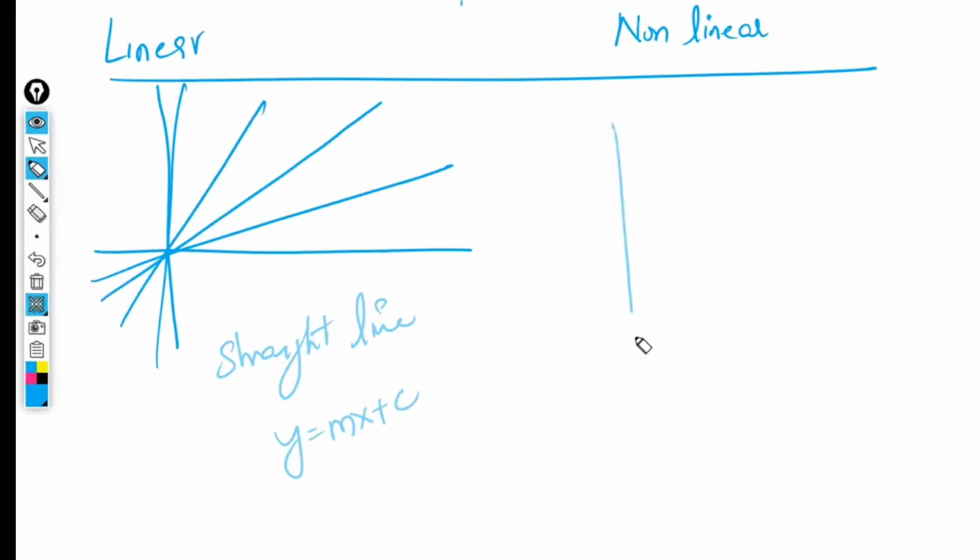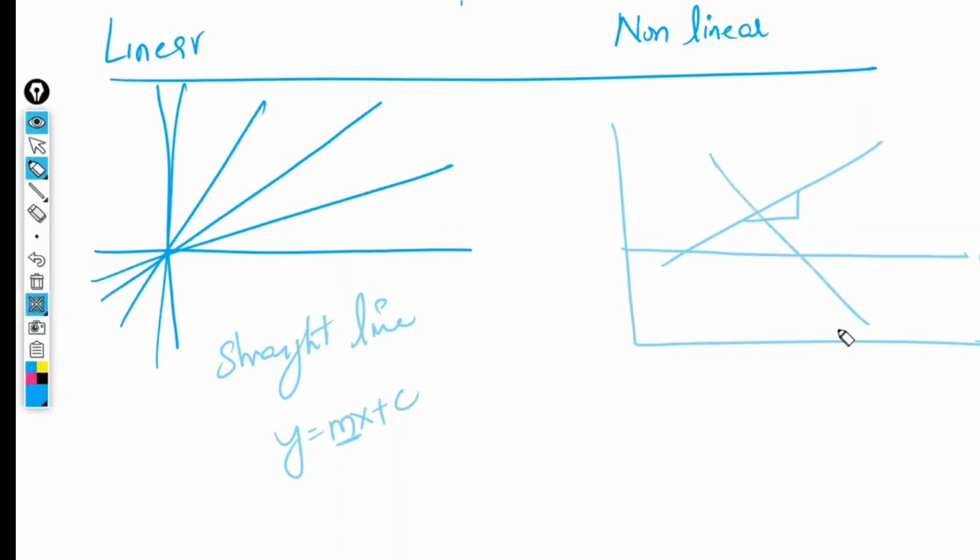Now, what is meant by y is equal to mx plus c? If you are going with a line like this, whatever the slope is there, this slope is called m, the bend. For example, take a horizontal line. What is the slope? It is 0. There is no slope, there is no elevation, whether downside or upside.